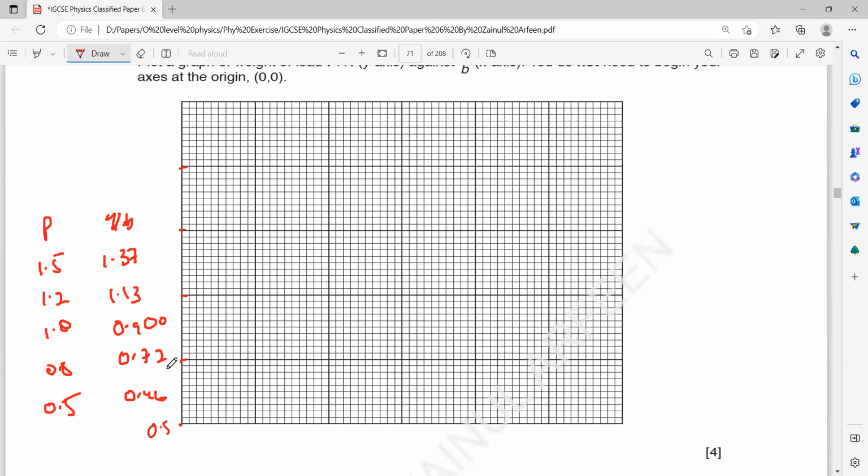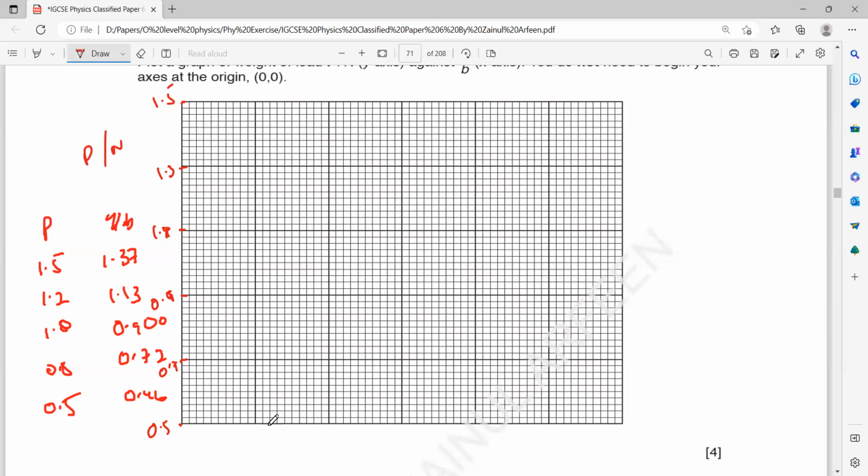So 0.5, 0.7, 0.9, 1.0, 1.1, because 0.9, 1.1, 1.3, and 1.5.